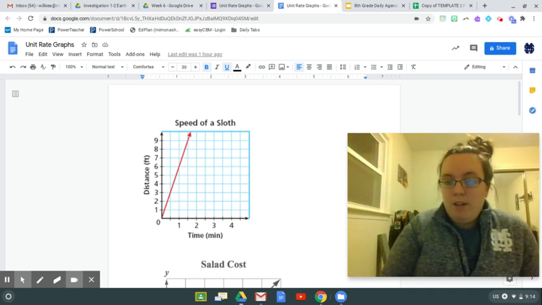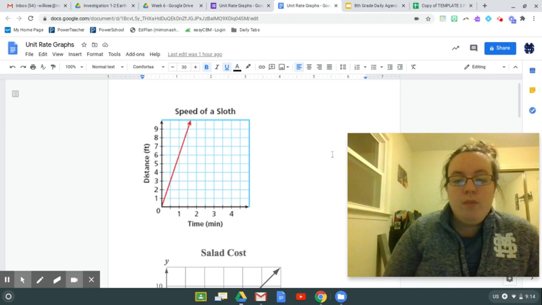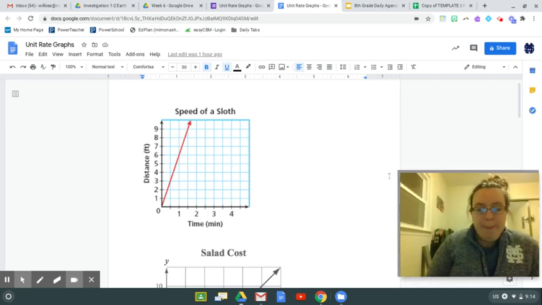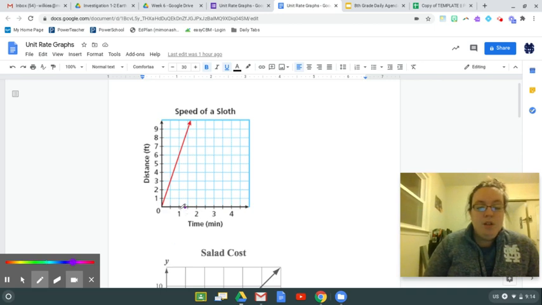So when you are asked to find the unit rate of a graph, here's what you need to do. You need to look at your graph, and on this x-axis, find where there's 1, okay? So on the x-axis, here's my 1 right here. I need to go up from 1 and see where that hits my line.